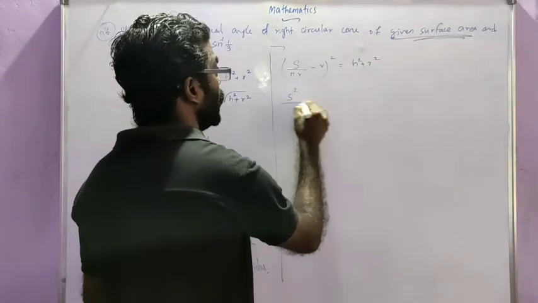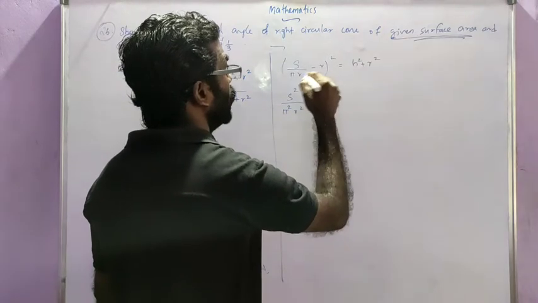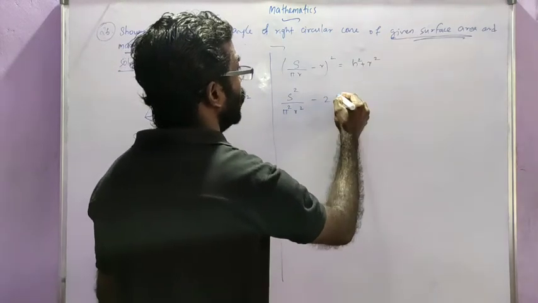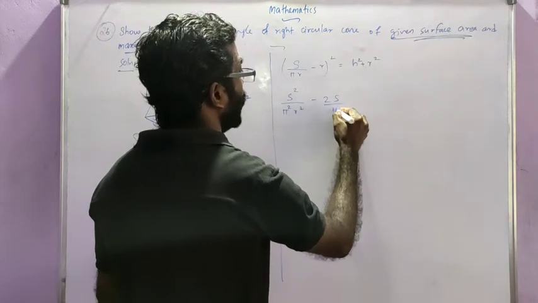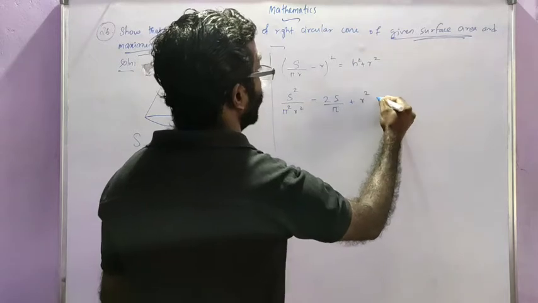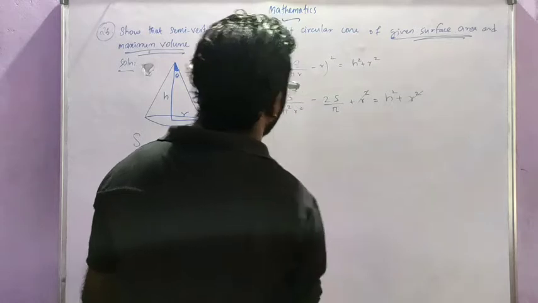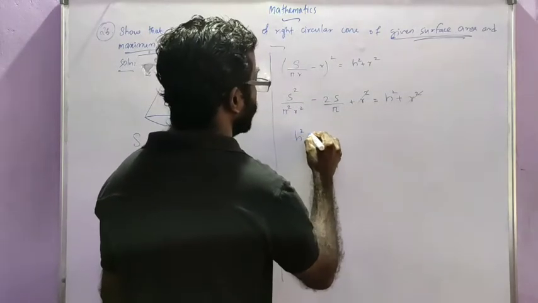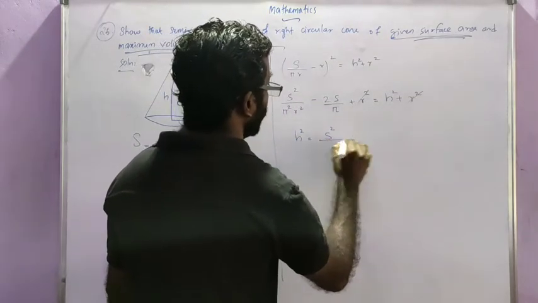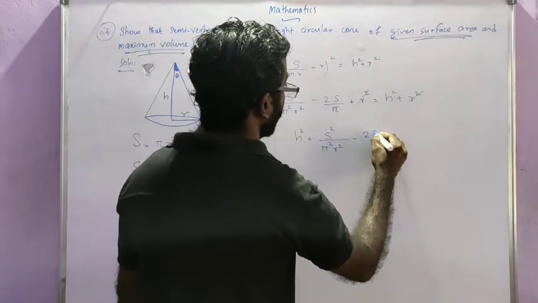So s square divided by pi square r square, here 2ab, that is 2s by pi, this r cancel, plus r square, which is equal to h square plus r square. R square we can cancel. From this we can write h square is equal to s square by pi square r square minus 2s by pi.